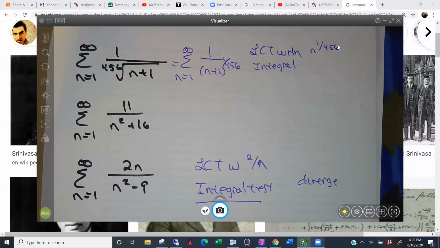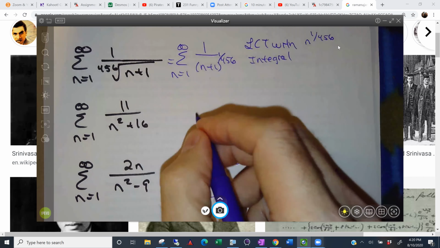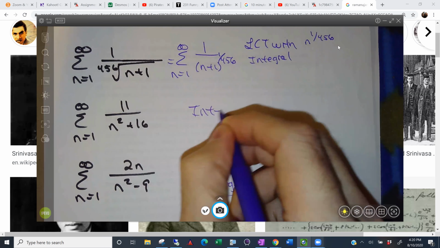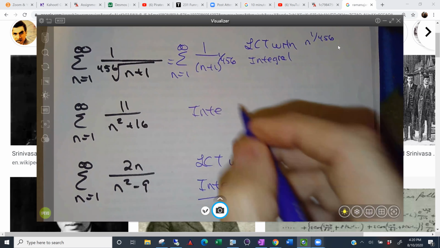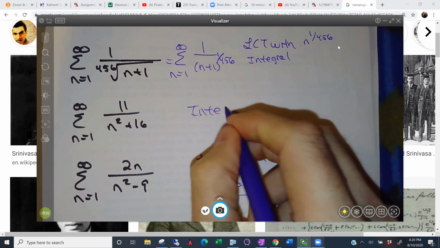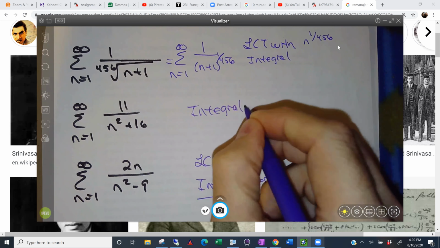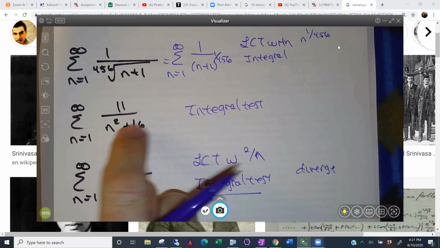Less obvious is this one. Again, no, it's not a p-series. Great question. It's not a p-series because I have that plus 16. But you can do it with the integral test, because this would integrate to the inverse tangent. So you take the 11 out, it'd be the inverse tangent.